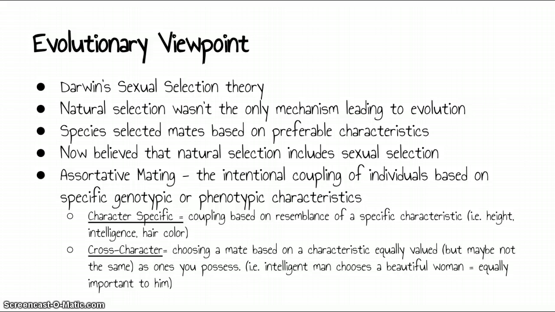And then the other one is cross-character assortative mating, and this is when an individual chooses a mate based on a characteristic that's equally valued, but maybe not the same as the ones that he or she possesses. So this could be like if an intelligent man chooses a beautiful woman, the characteristic of being beautiful is equally important to him as his intelligence, but he doesn't possess that characteristic.